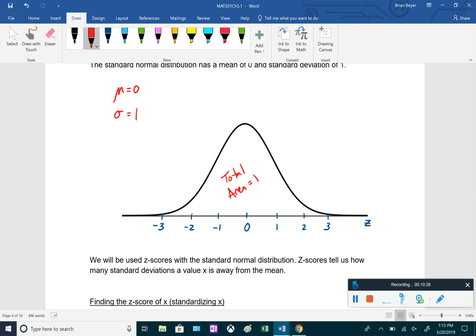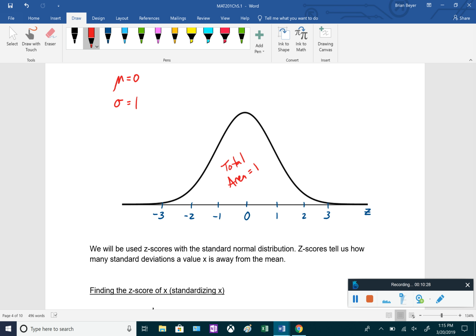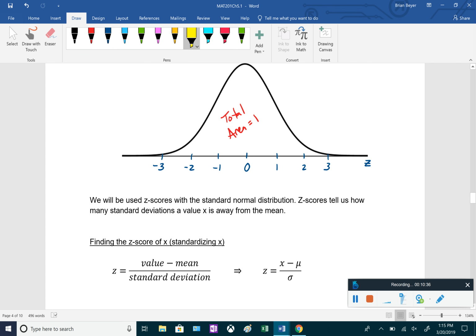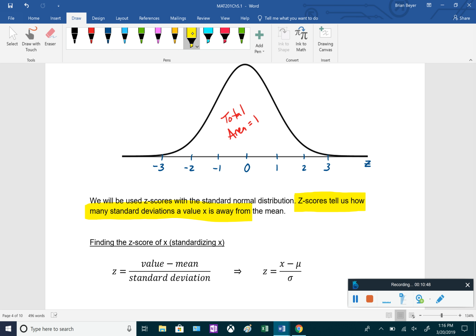You can also probably see that I have that horizontal axis labeled with a Z. This comes from the z-scores. You may remember that we did z-scores for a little bit. So this horizontal axis is going to be z-scores, and z-scores, this is really important, tell us how many standard deviations a value x is away from the mean.